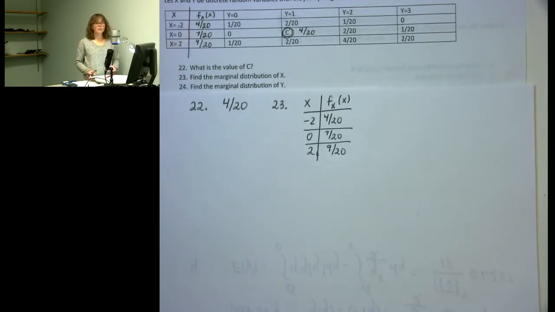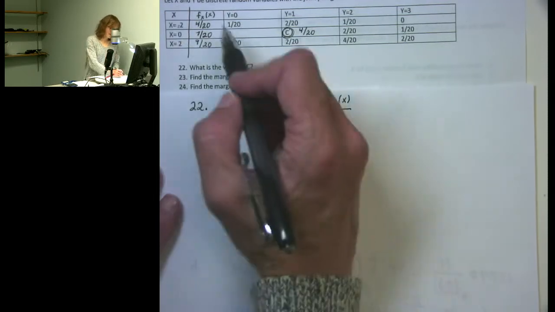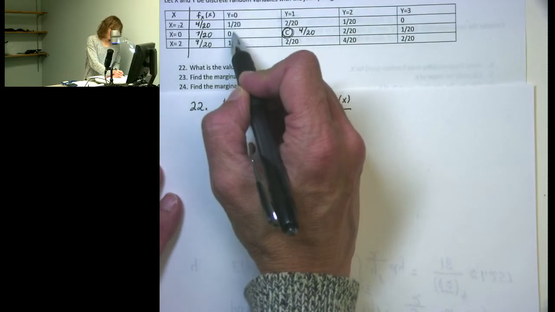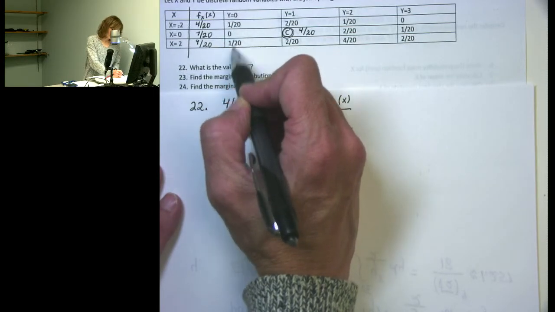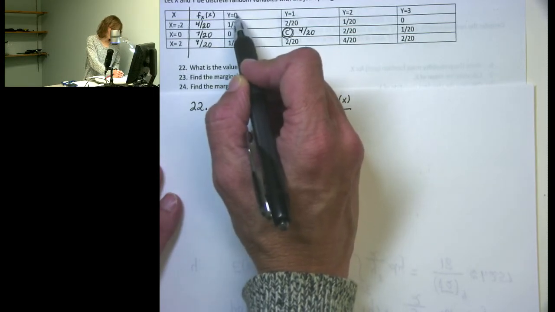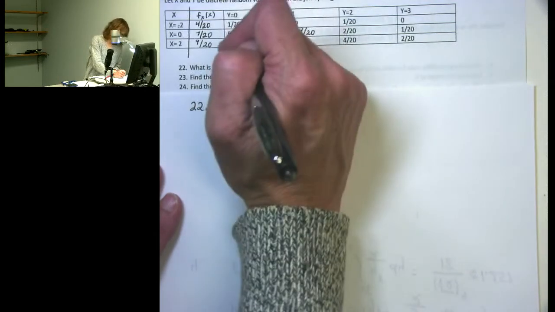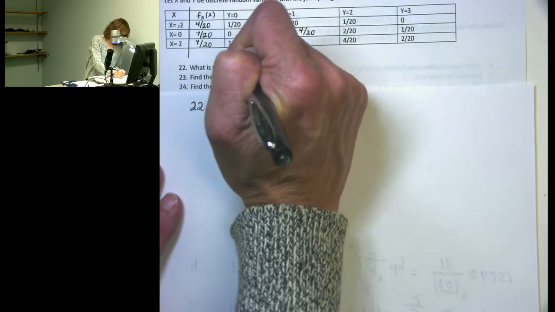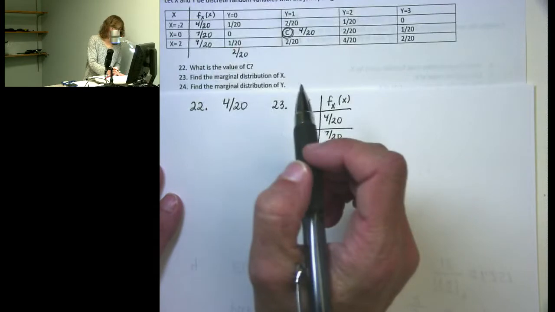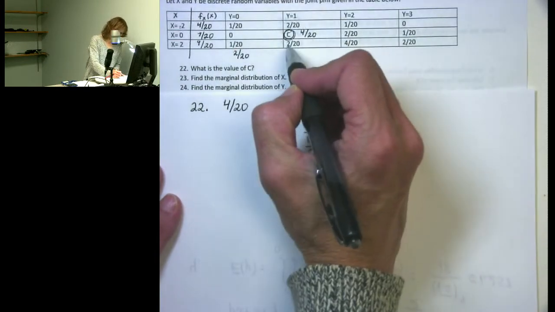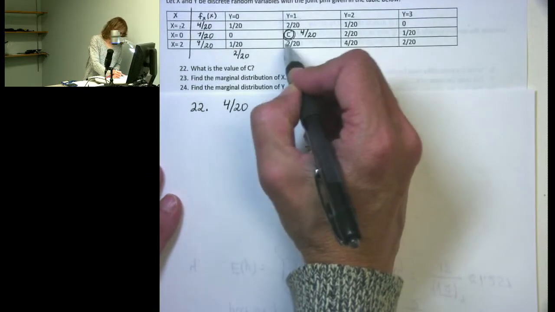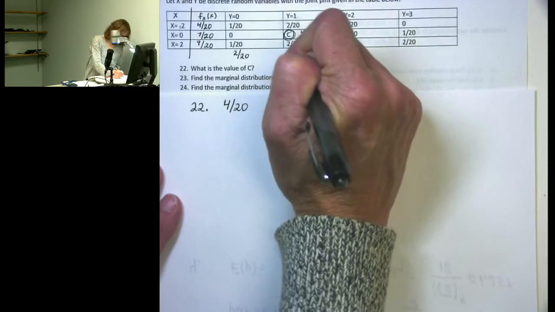The marginal distribution of y, I'm going to similarly work. I'm going to instead be adding down across all the different values of x here to find the total probability that y is equal to 0. Here I've got 1/20 plus 1/20 is 2/20. Here I've got 2, 4, that's 6, 8/20.